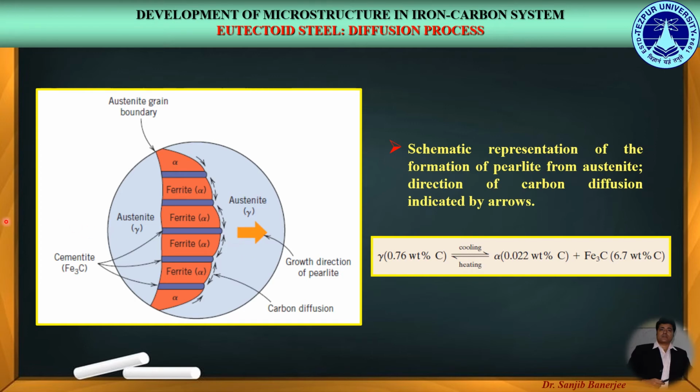Now the layered pearlite forms because the carbon atoms need to diffuse only minimal distances with the formation of this particular structure. So this explains the diffusion process accompanying the eutectoid transformation.